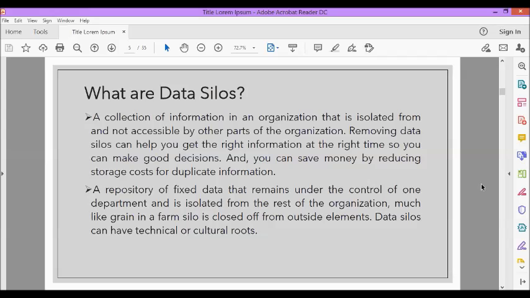Information silos are generally viewed as a hindrance to effective business operations, and organizations are increasingly trying to break data silos that are considered a barrier to collaboration, accessibility, and efficiency.